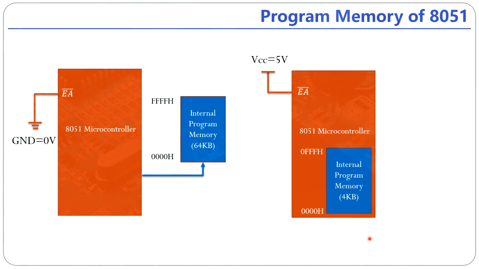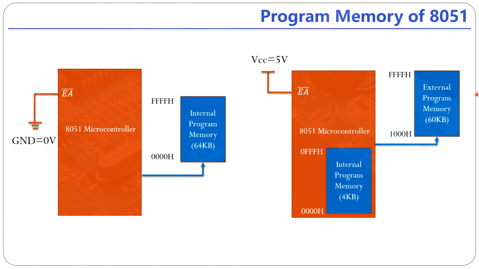The range of this memory is 4K. The starting address 00H to 0FFFH. Okay. And this is the thing connected with the external, right? This one. External program memory, the range of this is 64K byte.